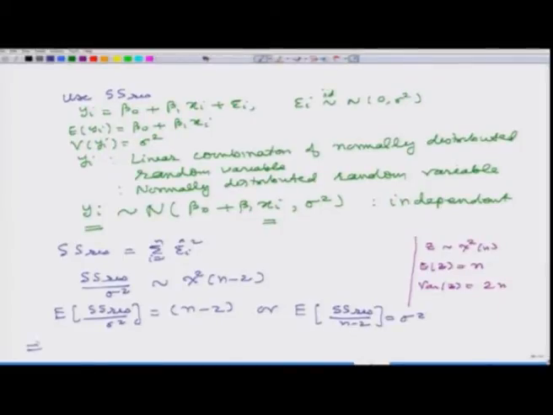So, this implies that sigma square hat is equal to SS res divided by n minus 2. So, this is an unbiased estimator of sigma square.